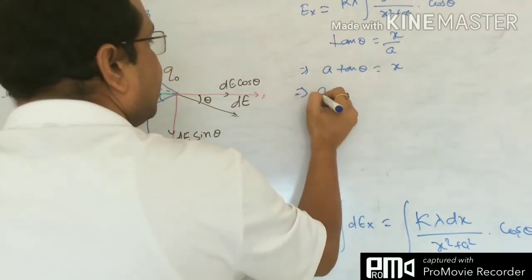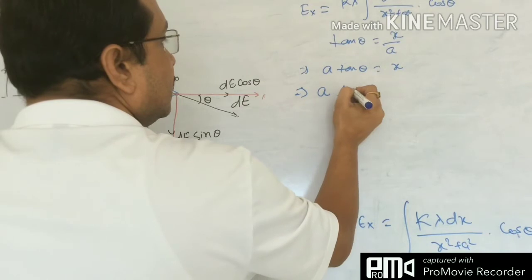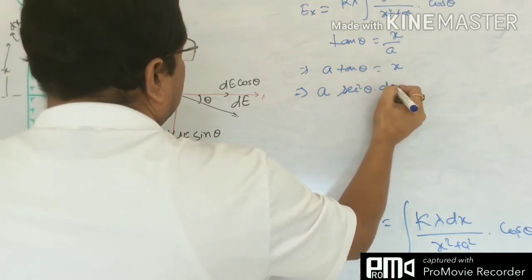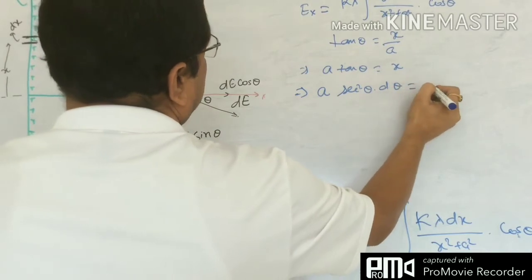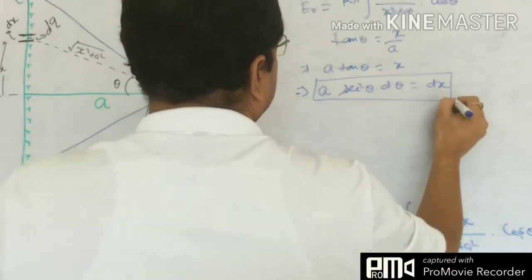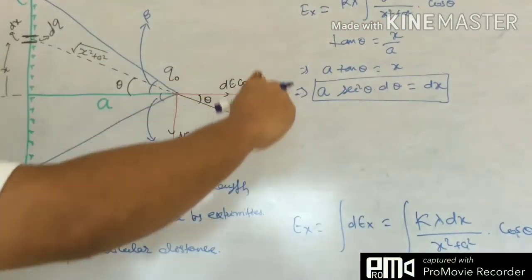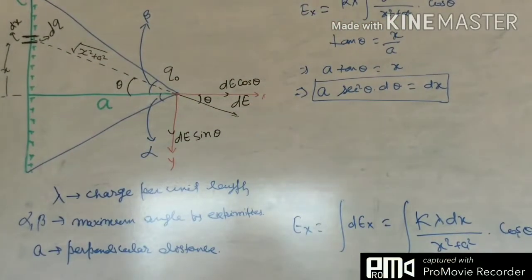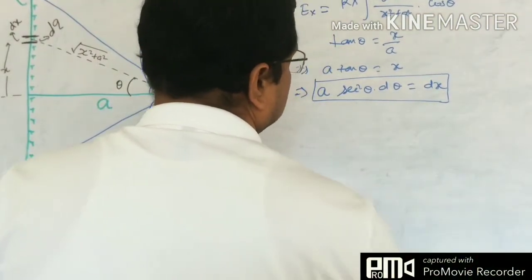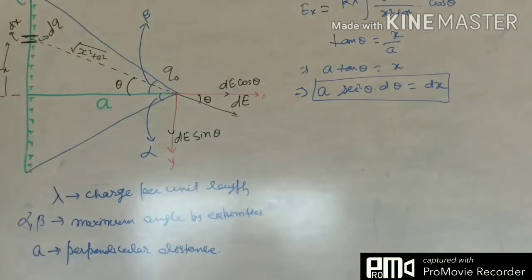Differentiating both sides, we get a sec square theta d theta equals dx. That is the relation we have found. So now put the value of dx in that particular equation.